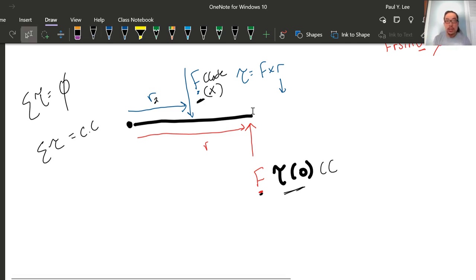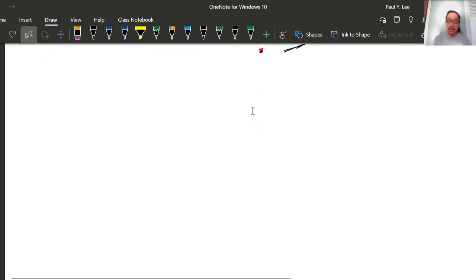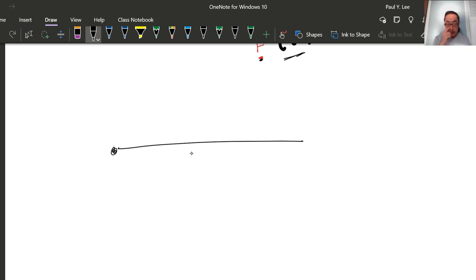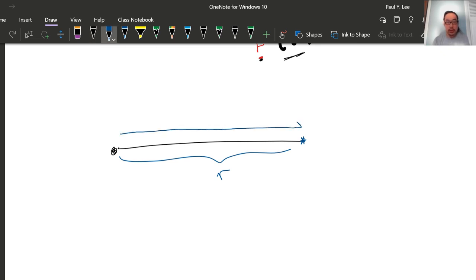All right, now let's do one where we're not looking at 90 degrees. So let's say we have a bar, and we'll make this our R, and we're going to be exerting a force right there at that point. I guess I should draw the R vector. There we go, so that's our vector.